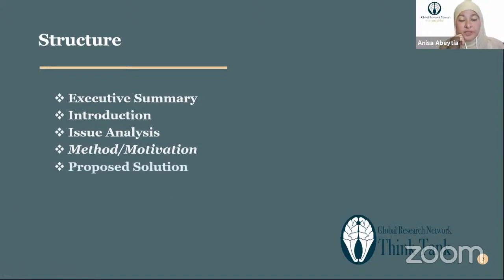Your proposed solution. Typically in policy memos and policy briefs, it's one problem, one solution. But as we get into more of our conversation today, we'll see that problems are now being called wicked problems, meaning that there are many different components to the problem and different components that are part of the solution. But traditionally, it's been one problem, one solution.